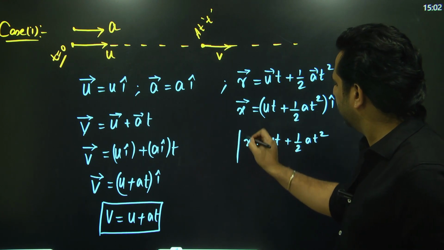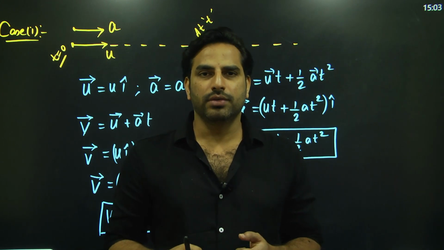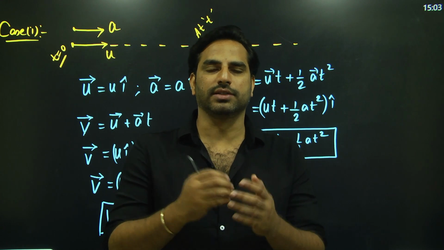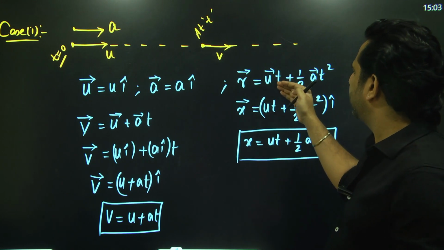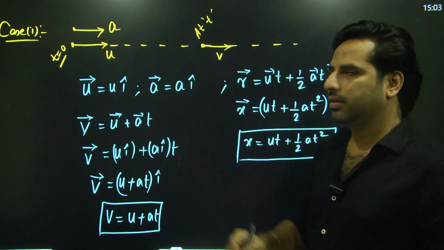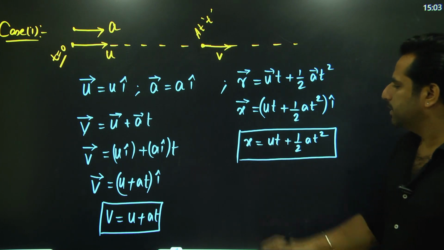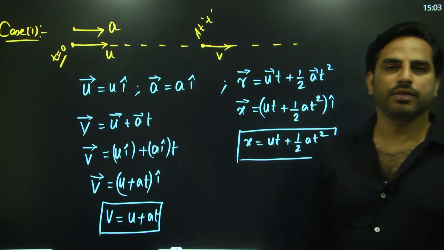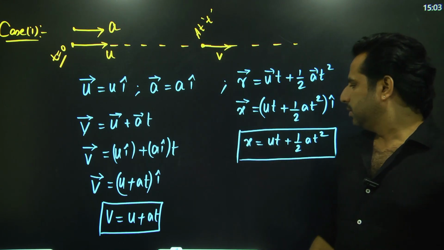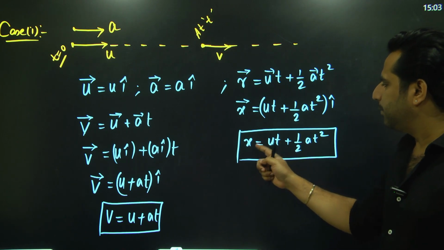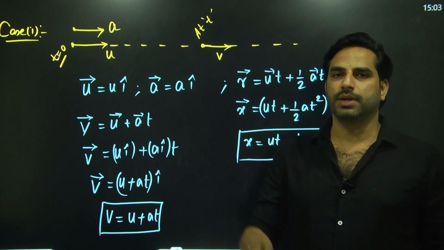And you have to remember that this equation x = ut + half at² will give you the magnitude of displacement but not distance, because it has come from the basic equation r bar = u bar t + half a bar t², where r bar implies displacement of the particle. So x is magnitude of displacement but not distance. Of course, in this particular case, the particle is moving in a straight line, so distance and displacement both are the same. So there is no issue here. But you have to be very careful while applying this equation with the understanding that x implies magnitude of displacement.